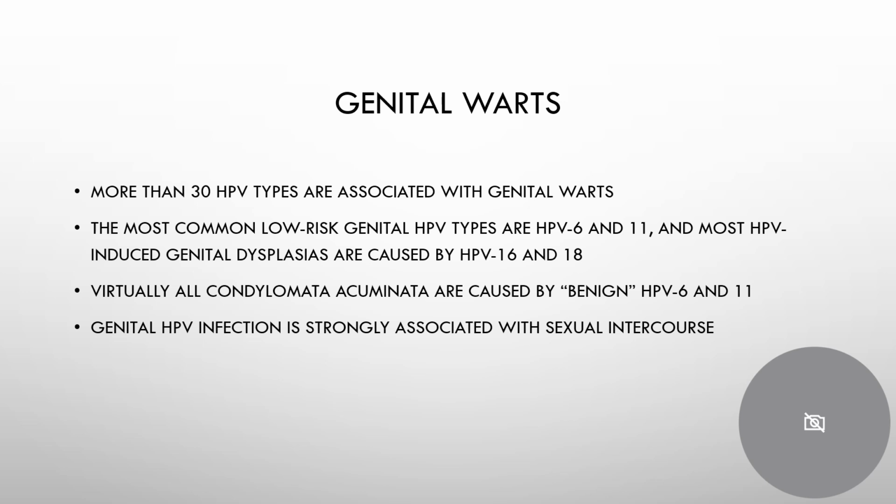Generally, all genital warts are benign and caused by HPV-6 and 11. Infection with HPV is strongly associated with sexual intercourse. So if you ever see a child with genital warts, you should have a strong suspicion of sexual abuse.